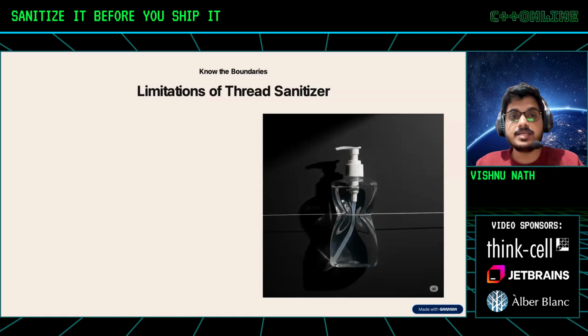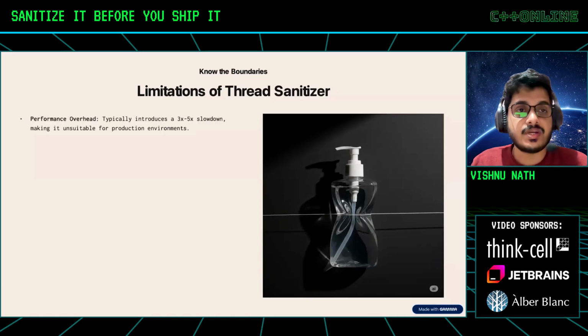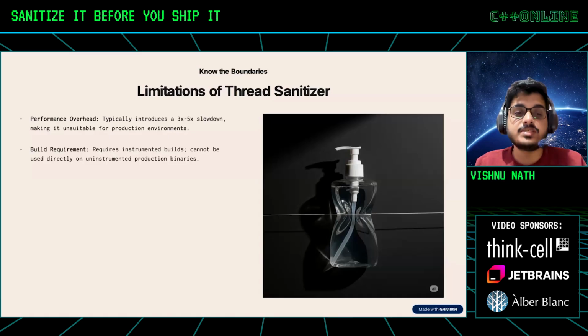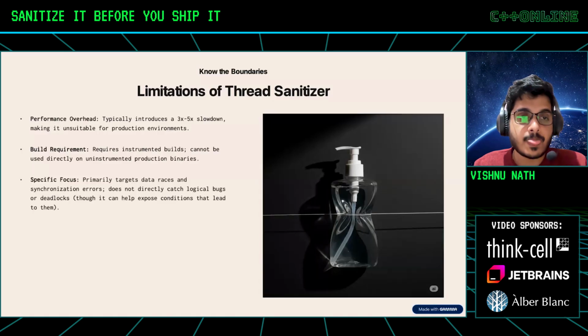As with everything, TSan also has limitations. One is performance overhead. As I already told, it slows down your process by 3x to 5x. It also has a build requirement, because we already saw that code instrumentation is needed for TSan. So it requires instrumented builds. It cannot be used directly on uninstrumented production binaries. It primarily targets data races and synchronization errors. It does not directly catch logical bugs or deadlocks.